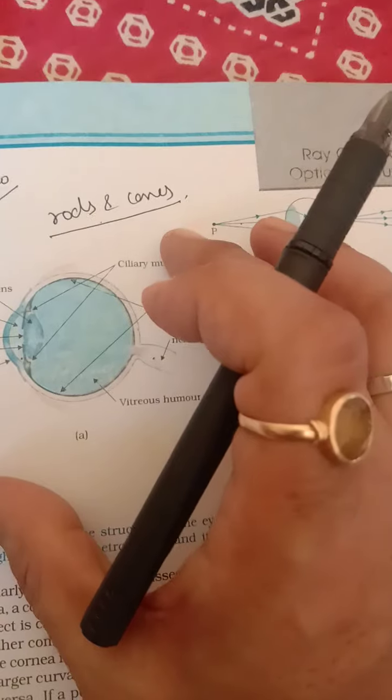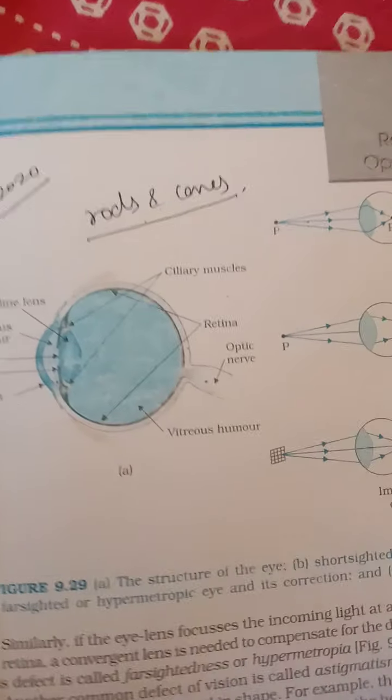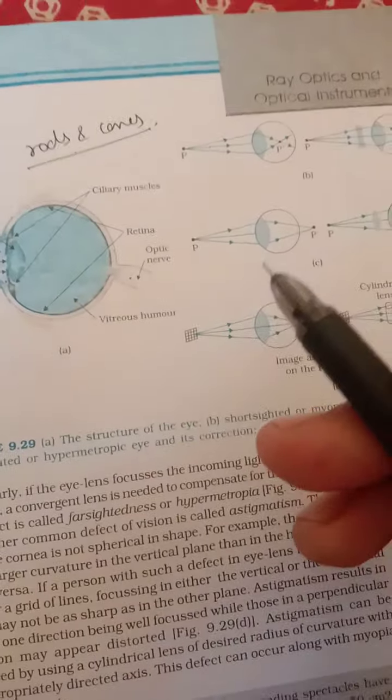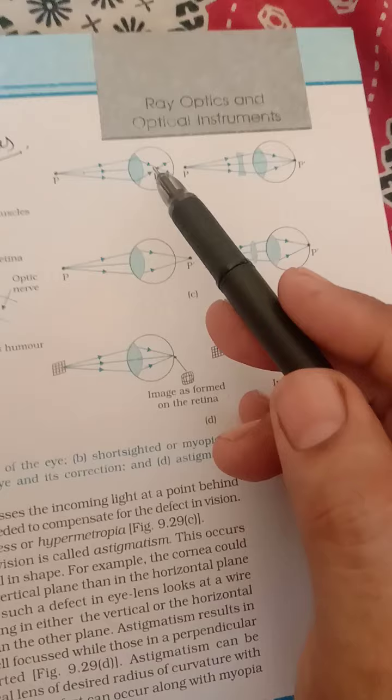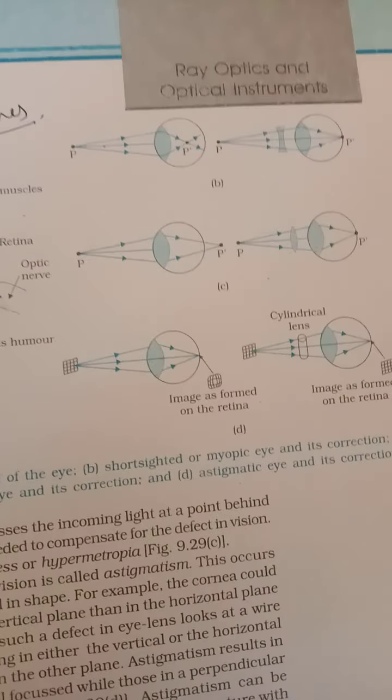There are two types of defect as we know. The first is when a lot of light is converging into the eyes, or sometimes the diverging process takes place. So let's start with what kind of defects an eye can possess. Our eyes may develop some defects due to various reasons.